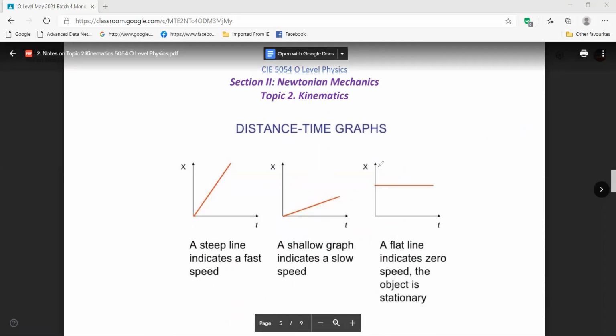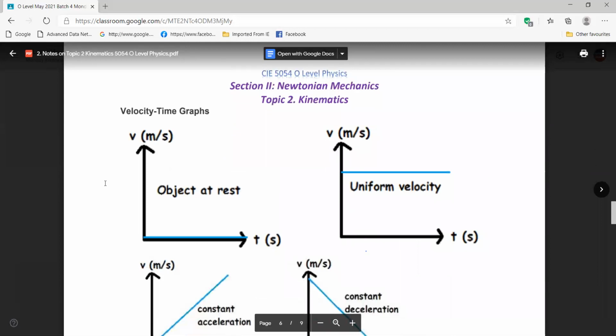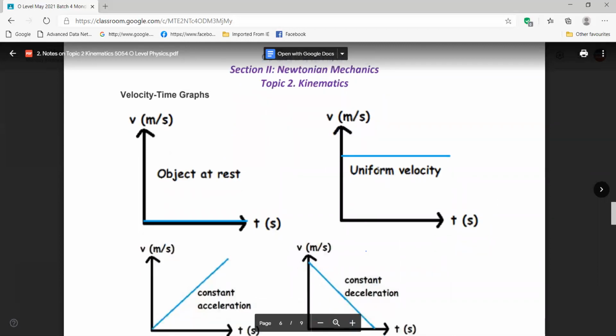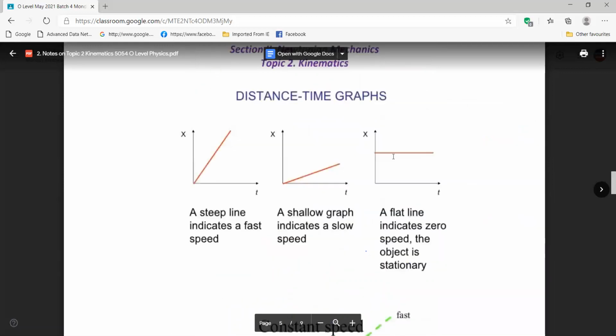Look, in a distance-time graph, we have this shape, and also in a velocity-time or speed-time graph, we have this shape. For the velocity-time graph, it is uniform velocity, but for the distance-time graph, the object is stationary.